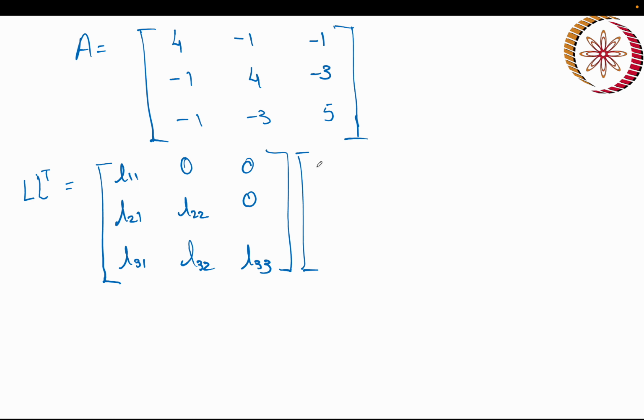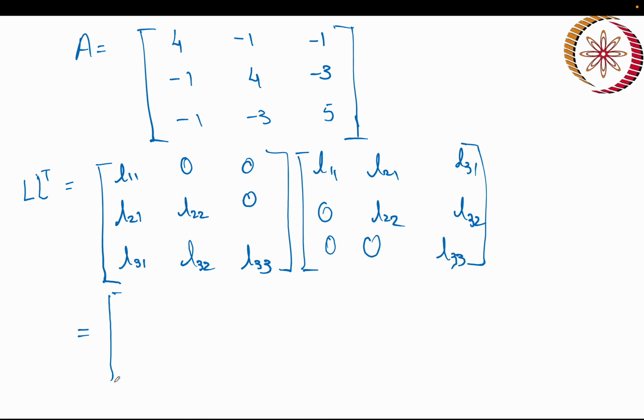Take the transpose, it will be L11, L21, L31, L22, L32, L33. Okay, it will not fit there. So the first multiplication will be L11 square. We can directly see this is equal to 4, so L11 is 2.